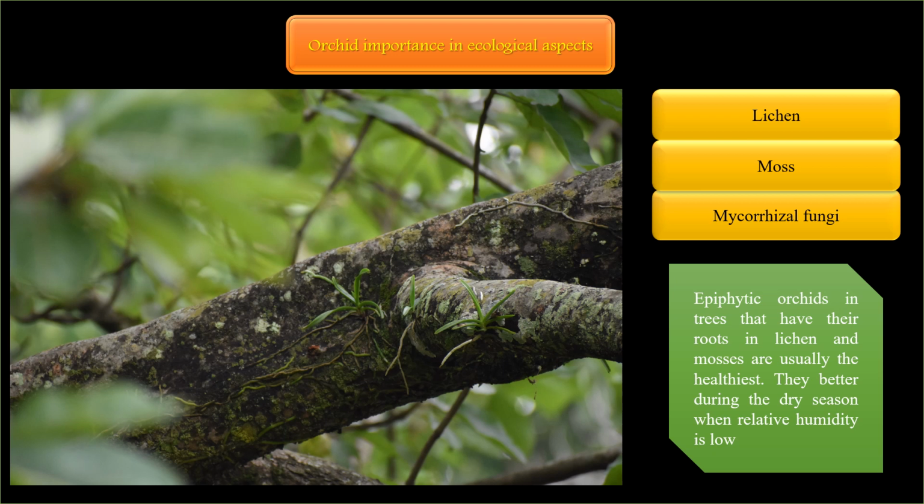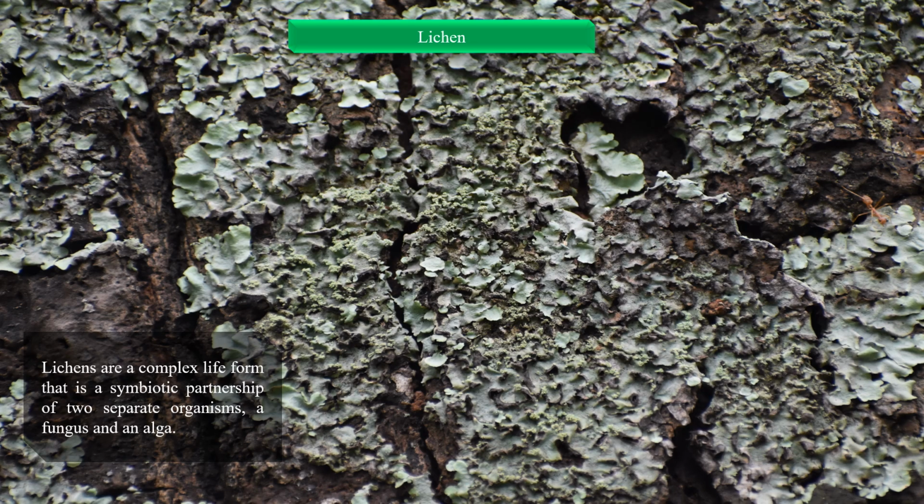So, orchids' relationship with lichen, moss and mycorrhizal fungi: epiphytic orchids on trees that have their roots in lichen and mosses are usually the healthiest, because they prevent them from drying out and they give humidity to the orchid. Here you can see the lichen. Lichens are formed by a relationship of two organisms, an alga and a fungus.